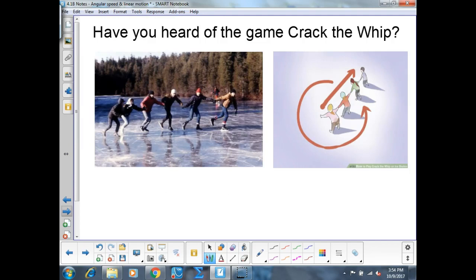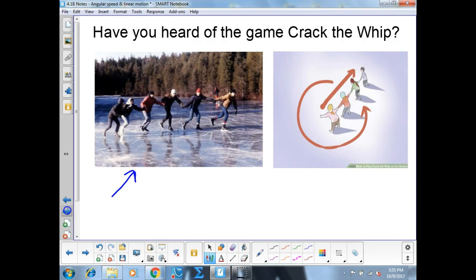Next, have you ever heard of the game Crack the Whip? Here's a picture of it. It's typically on ice skates, although you could be in regular shoes or roller skates. It's more fun on skates of some kind. The whole concept is you have a group of people linking arms, and then you just go in a circle.